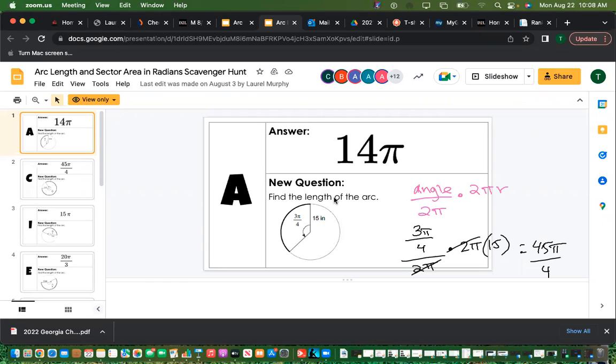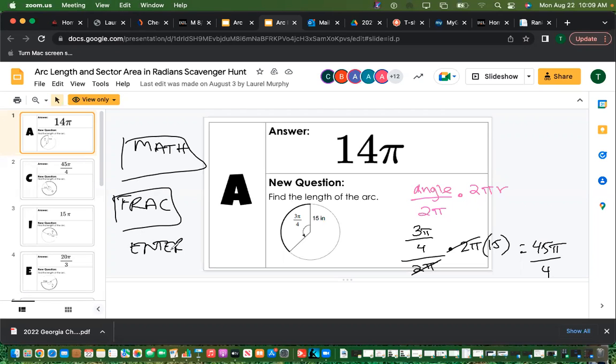When I simplify this though, if your calculator has a math button on it, it literally says math. If you hit math, and then you go to fraction on that screen, and then you hit enter twice, you should be able to get it in fraction form.